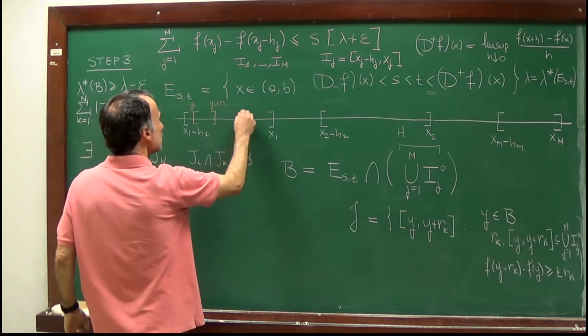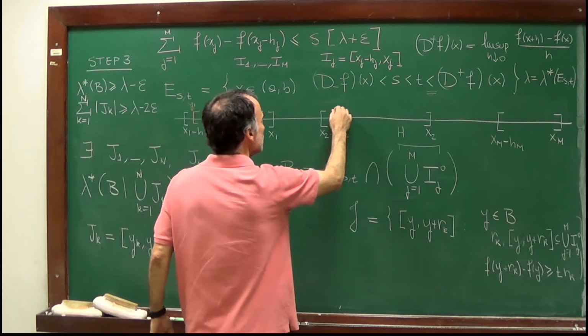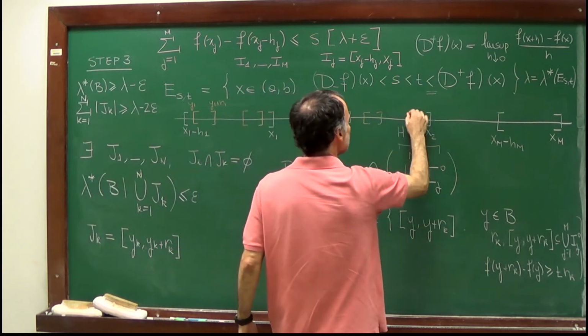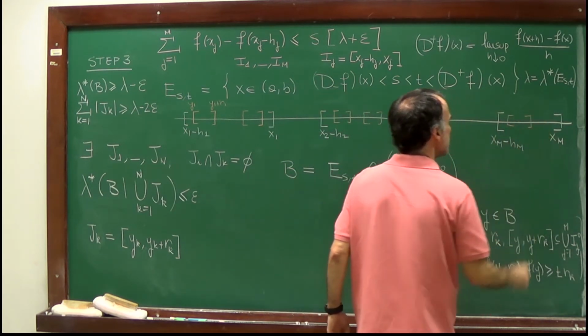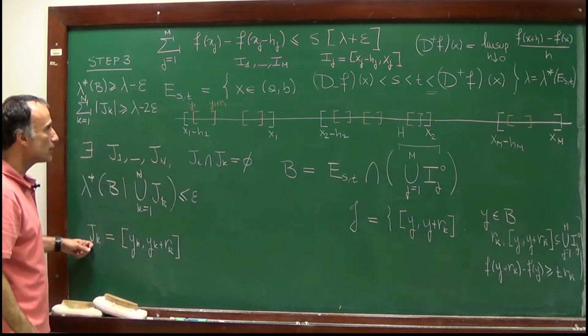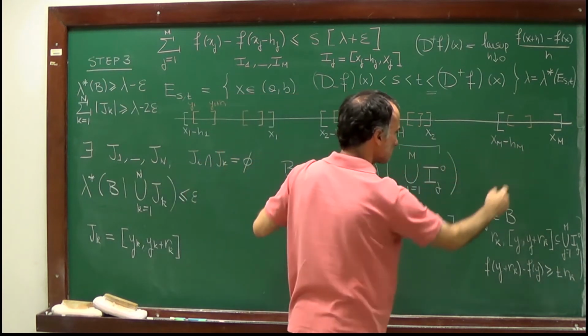Then we have the second leftmost up to one interval here. Then we have an interval here, another here, maybe another here, and so on. But what is very important is that all these intervals J are contained in one of the big intervals I.